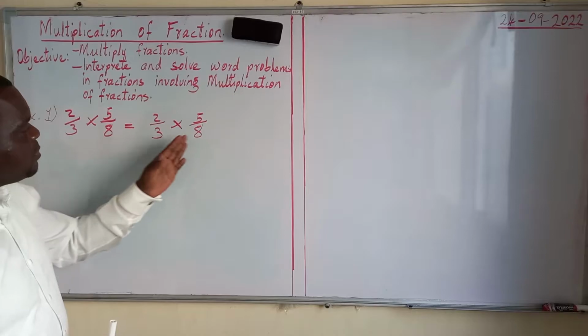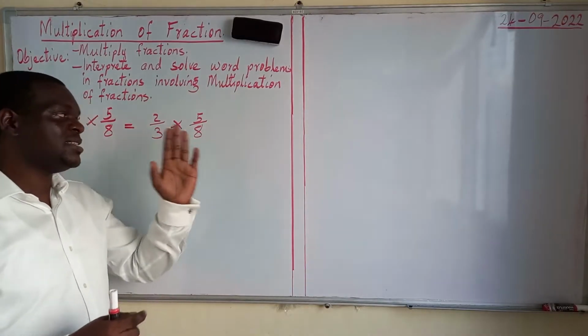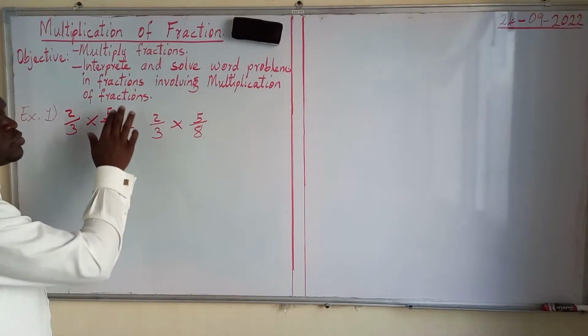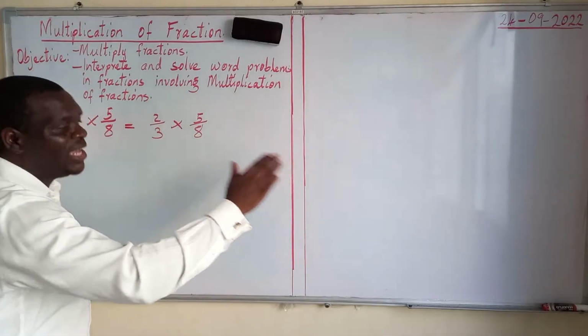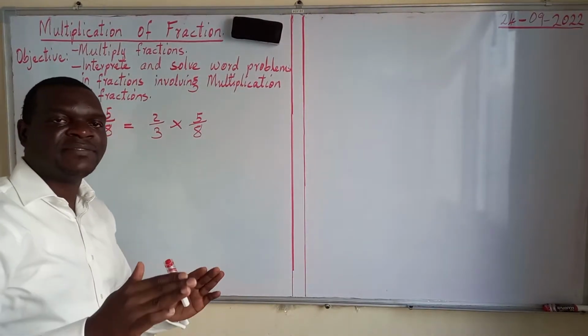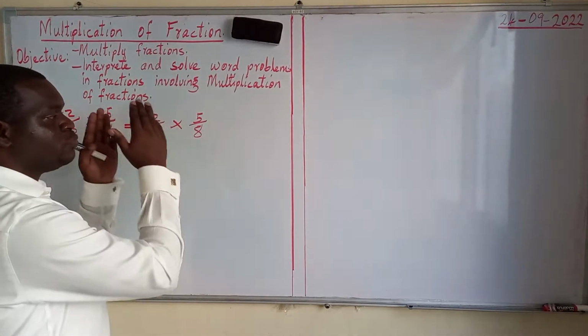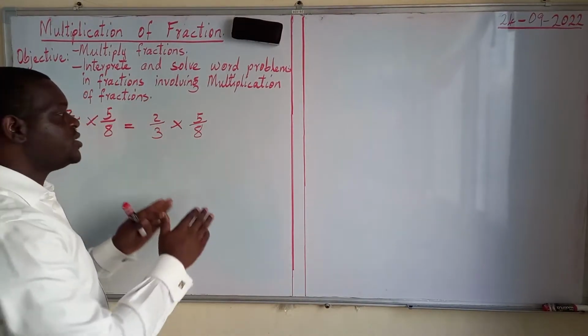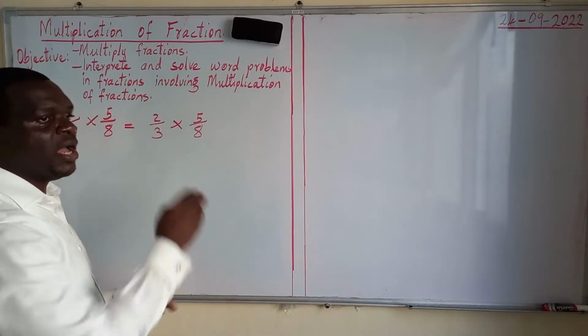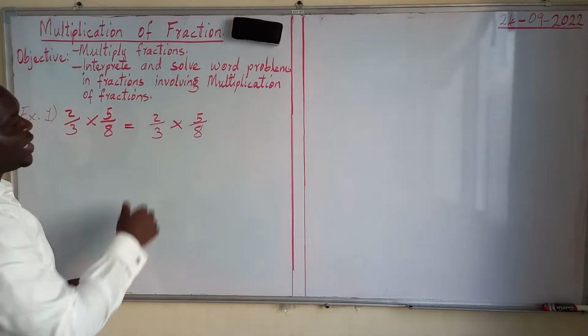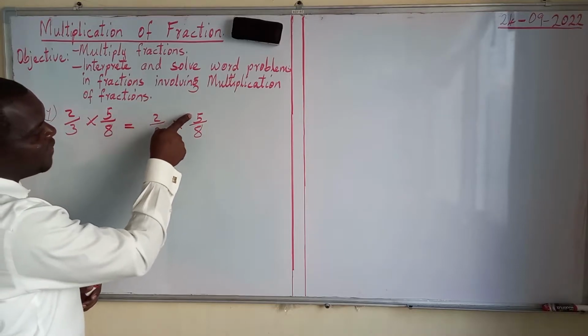When you look at this problem on the board, it is simple and direct. What you have to do is find any numerator and any denominator that have a common factor. You use this common factor to simplify the fractions until you have them at the minimum, and you multiply across. If you look at this, you have 2 and 3, 5 and 8.